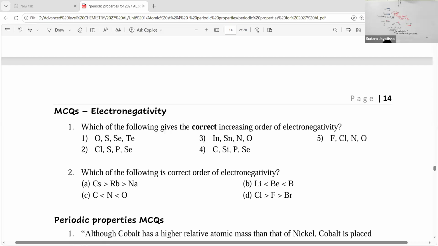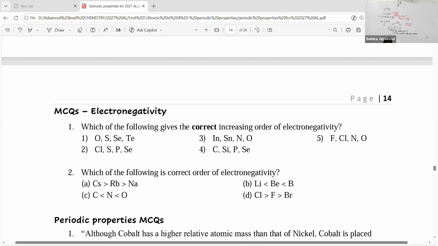What is the answer for the last one? Can we use our order? F is the highest, then oxygen, then chlorine, then nitrogen. Nitrogen, chlorine, oxygen, fluorine. Nitrogen is the lowest, then chlorine.